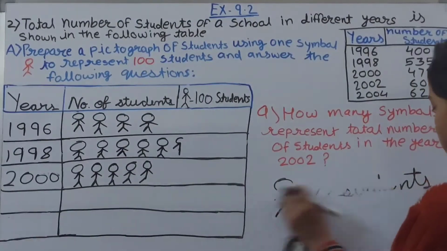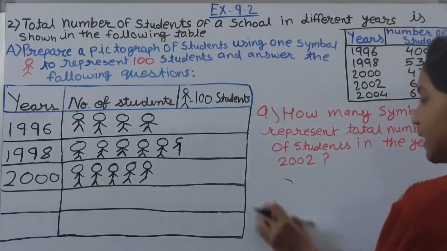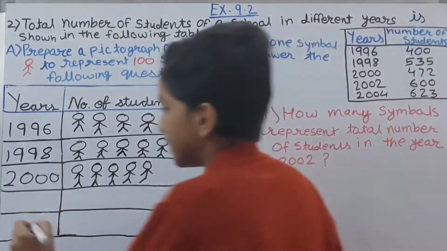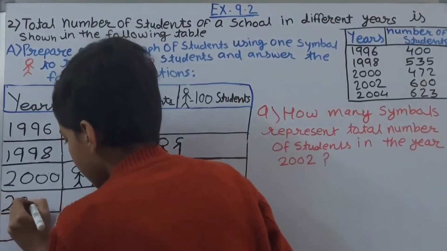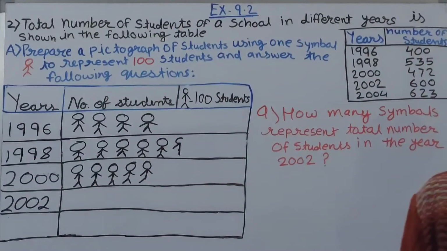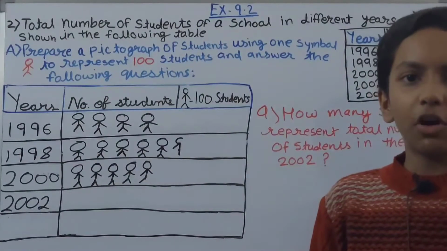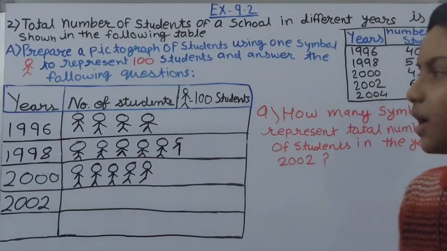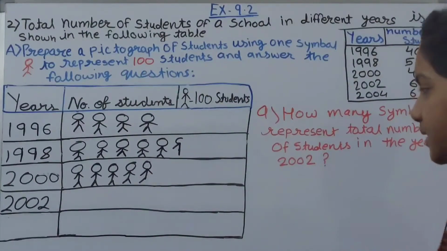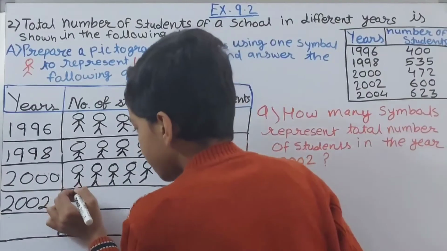So now we move on to the next year, that is 2002. So let's see. In year 2002 we have 600 students. So it is very simple. We will make 6 complete symbols that will represent 600 students.